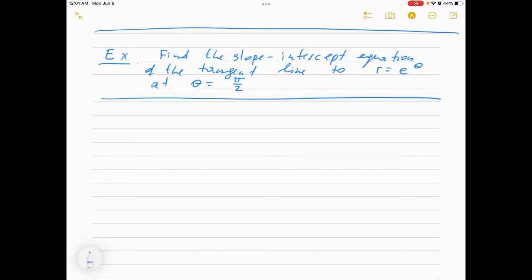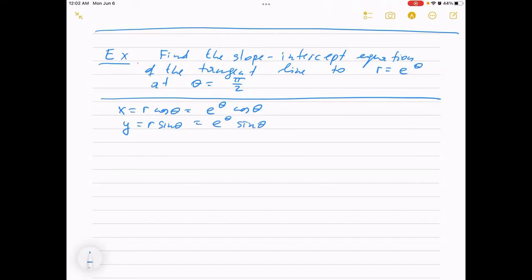What we're going to do in this problem is treat that polar curve as a parametric curve. Recall that x equals r cosine theta, so in our case we have e to the theta cosine theta. y equals r sine theta, so it's e to the theta sine theta.